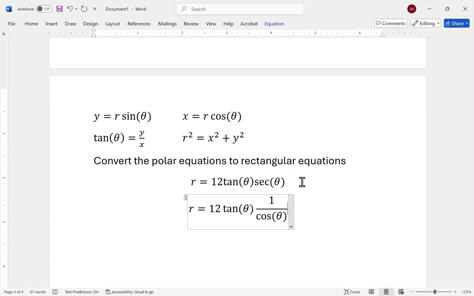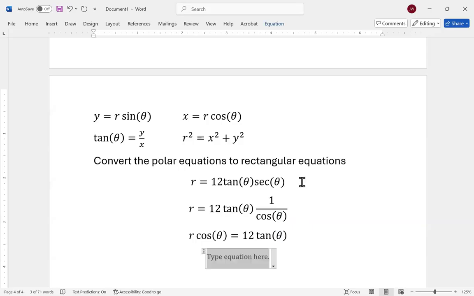And then I can multiply both sides by cosine. If I do that, I get r times the cosine of theta is equal to 12 times the tangent of theta. And then I would end up with x equals 12 times y over x, or 12y over x.